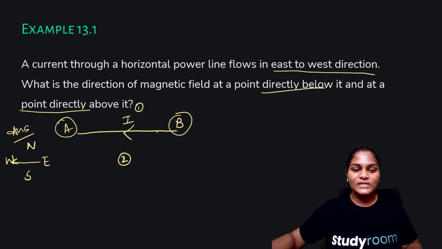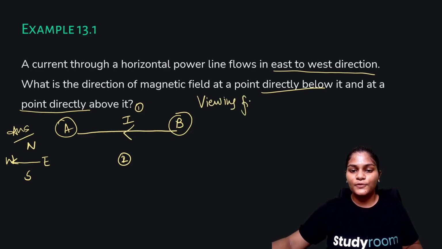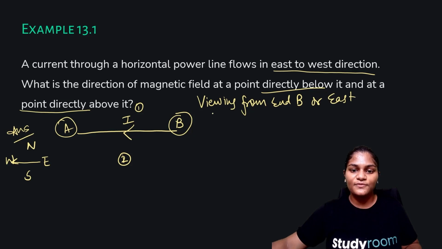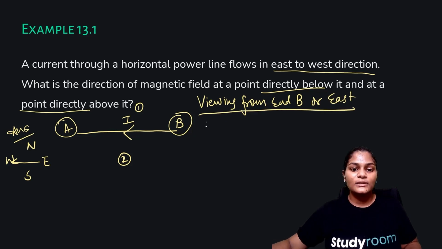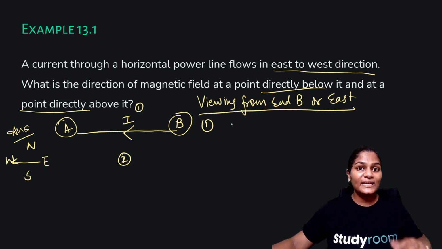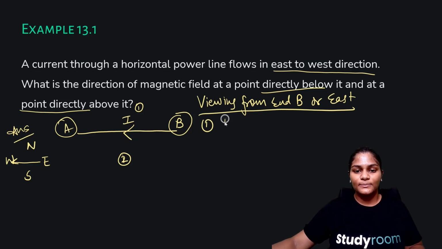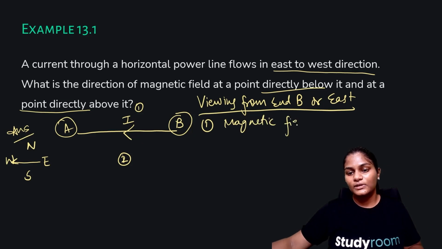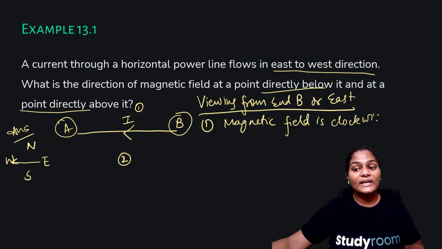So if I'm viewing from end B, or east, it is the east side of it. What happens at the point directly above it? The magnetic field is clockwise at a point directly above it.